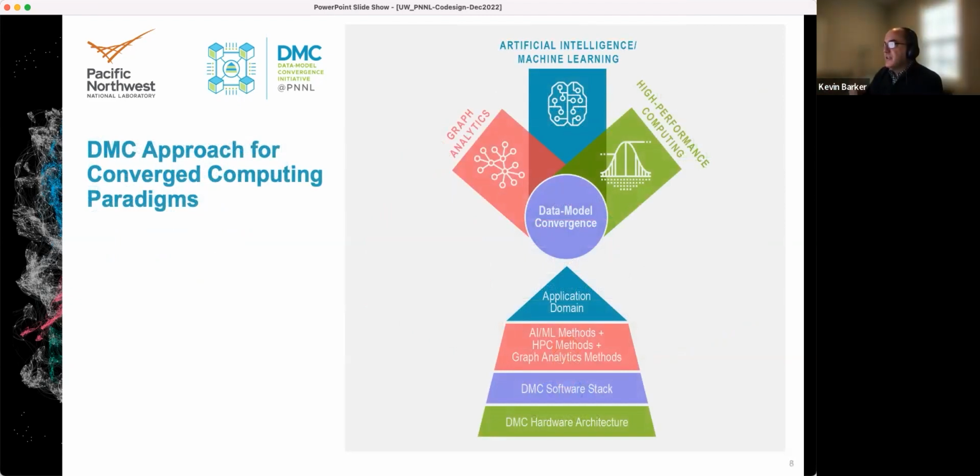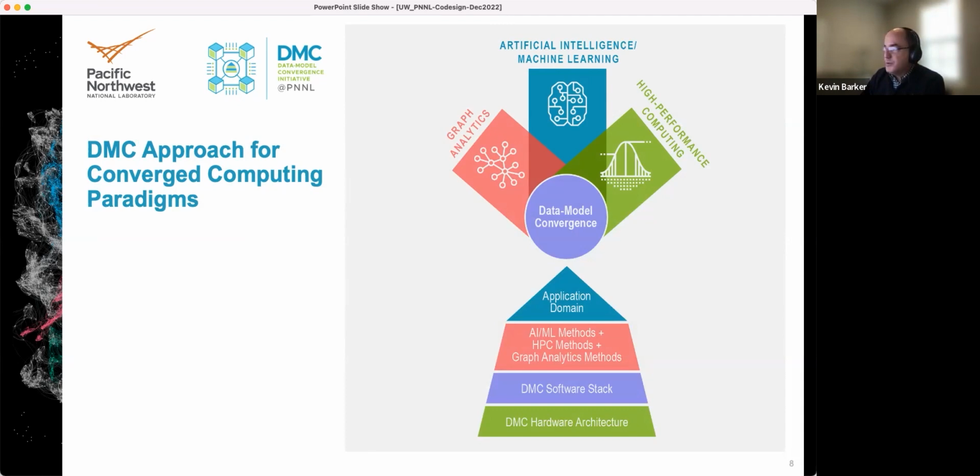Where we still have graph analytics, AI, ML, high performance computing, but those now are supported by a unified software stack, or software hardware stack, I should say. So in this pyramid shape on this slide, we have at the top application domains. Those application domains are where the convergence is occurring, but then those are supported by a software stack and a hardware architecture. So this has kind of been the driving vision for DMC for the past 4 to 5 years.